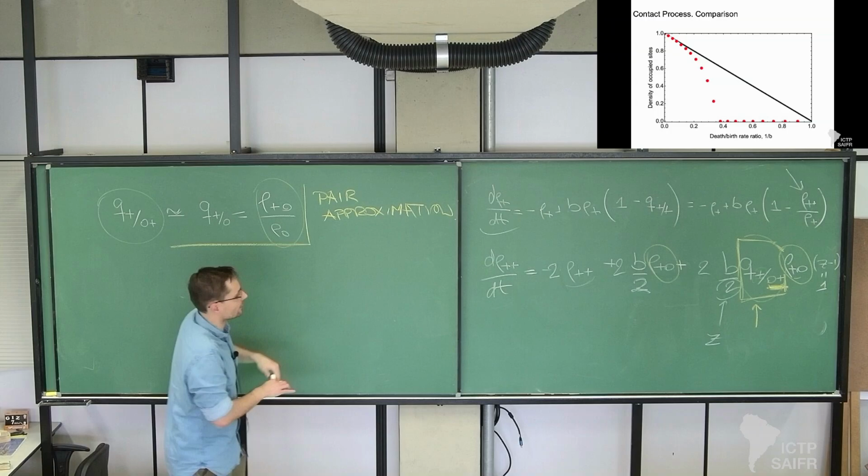At the end, I get an equation for rho plus. And this is the equation that I get for rho plus plus.